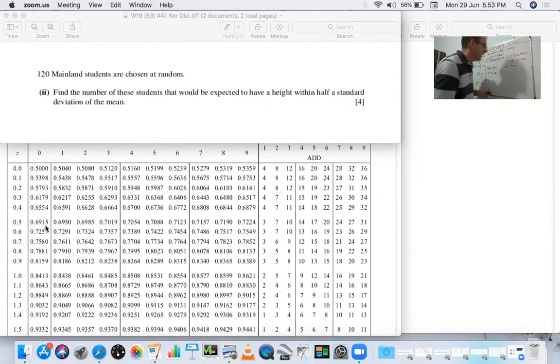And then on the other side, since it's negative, when we look up the phi z chart, of course, you can't look up a negative number. So that means you need to do 1 minus 0.6915. Okay. So that was right here, 0.5, and then the negative means we do 1 minus that.